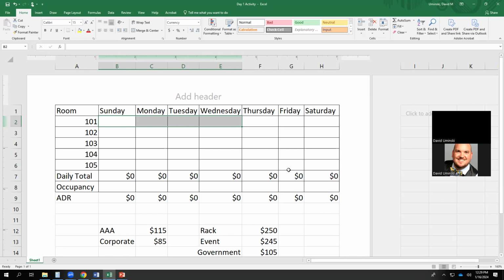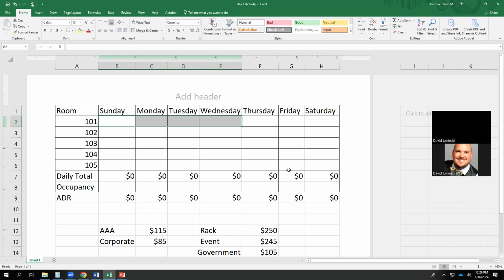Number 12, the rack rate, $250, checking in Sunday for 7 nights.